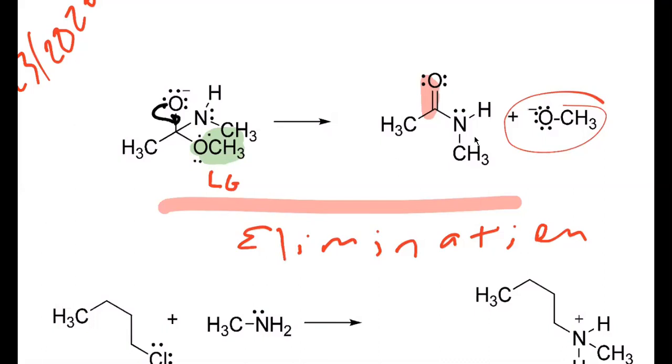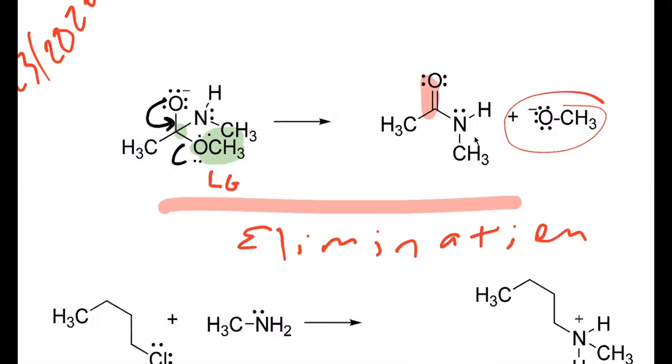Is it here? Uh-oh. Is it there? Yes. I want to make the pi bond, and in doing so, this carbon right here, remember, can't have 5 bonds to it. So that's why I have to lose that leaving group, or kick off the leaving group, right?